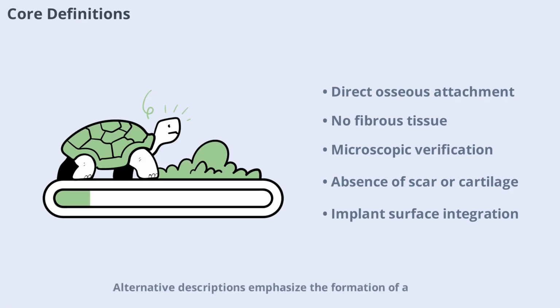Alternative descriptions emphasize the formation of a direct interface between the implant and bone, again highlighting the absence of soft tissue. In oral implantology, this is verified microscopically, showing bone growing right up to the implant surface. The absence of scar tissue, cartilage, or ligament fibers between the bone and implant is a hallmark of successful osseointegration.